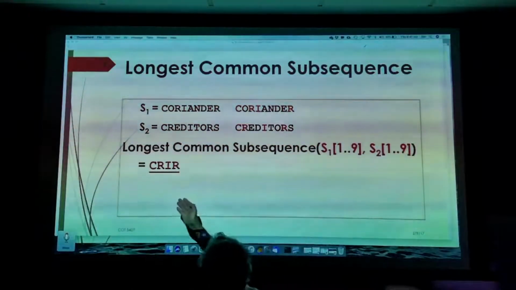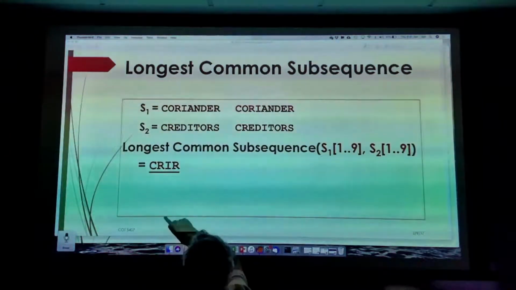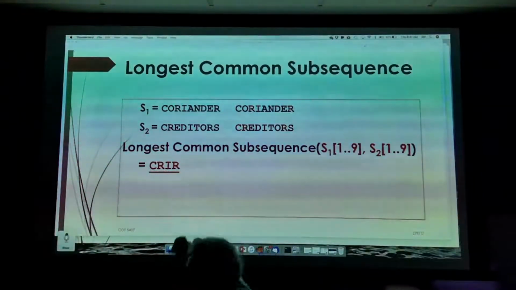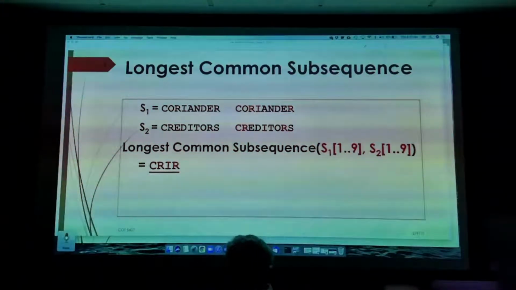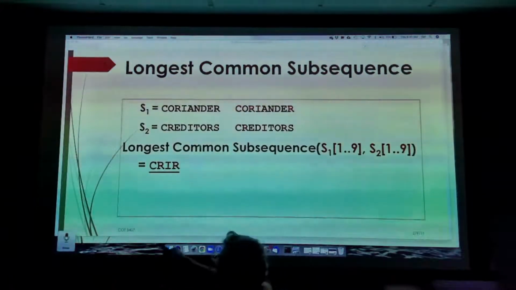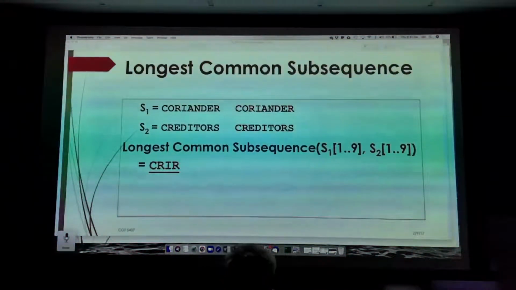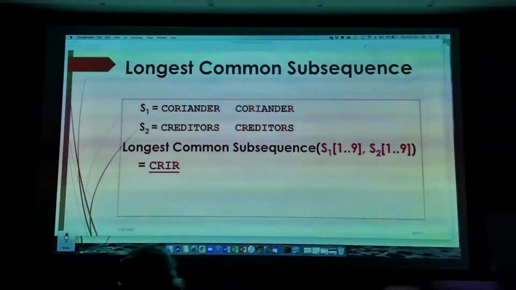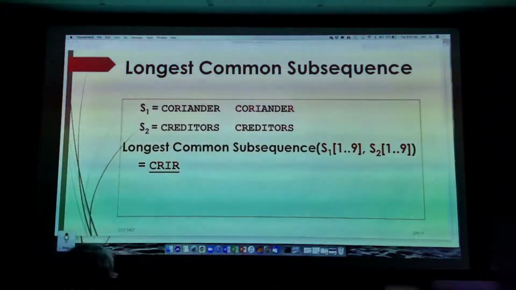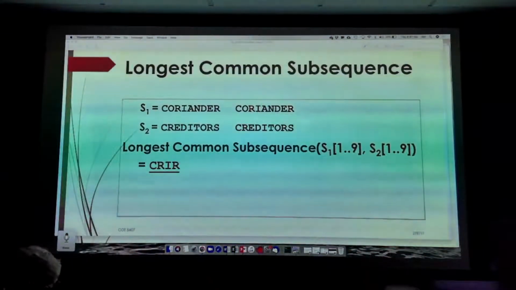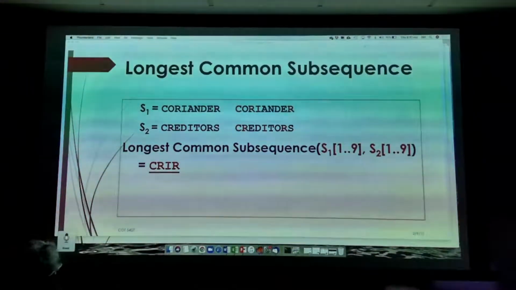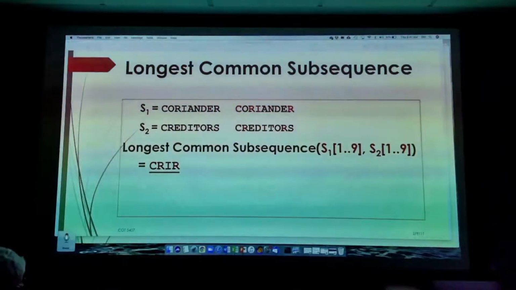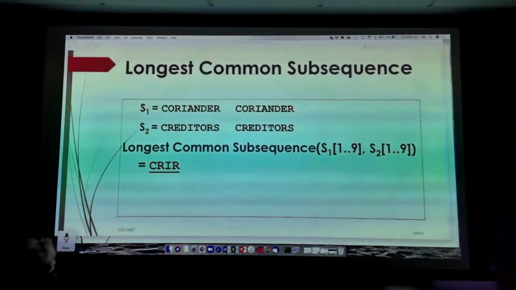A possible subsequence might be CRIR, because CRIR shows up in that order in both the words. With this example, what you need to understand is that a subsequence doesn't have to be a set of characters next to each other. They can be anywhere in the string. The only constraint is that they have to show up in that order.